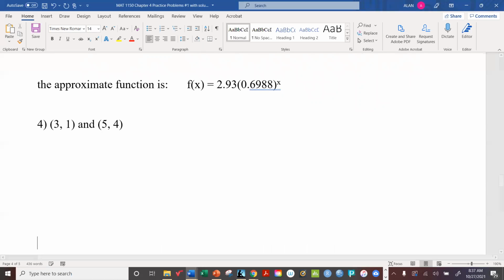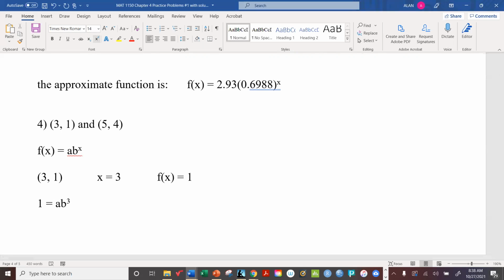All right, so once again, we're looking for the function f of x is ab to the x power. And in the first case, this implies that x equals 3, f of x equals 1. 1 therefore equals ab to the third power.